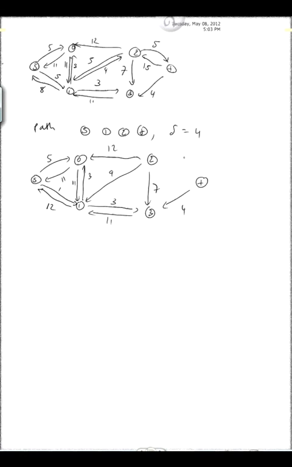And then from 2 to t, we used to have 5. We used up 4 of that, so we have 1 left. Which means that from t to 2, we have 19 left. So in the next iteration of Ford-Fulkerson, we'll try to find a path from S to t, but there is no such path.